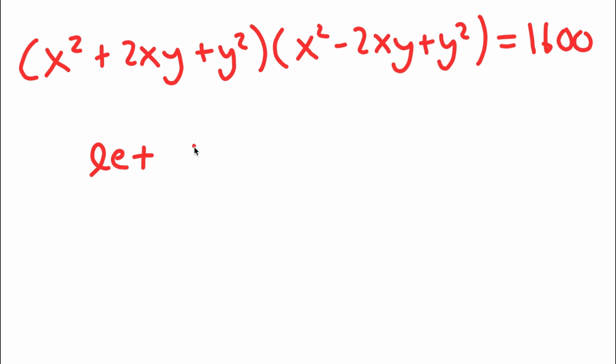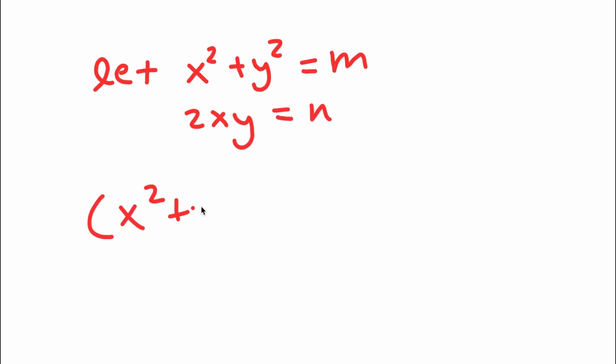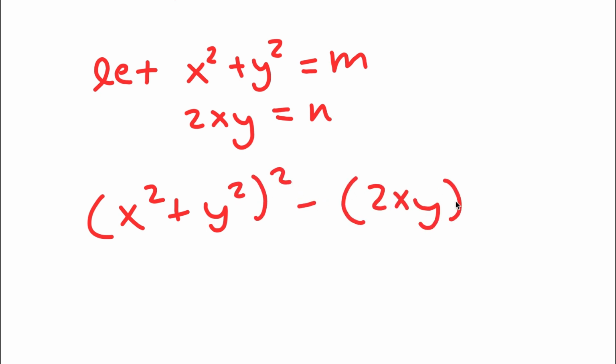Now I'm going to let x squared plus y squared equal m, and I'm going to let 2xy equal n. So now I have (x squared plus y squared) squared minus (2xy) squared is equal to 40 squared.